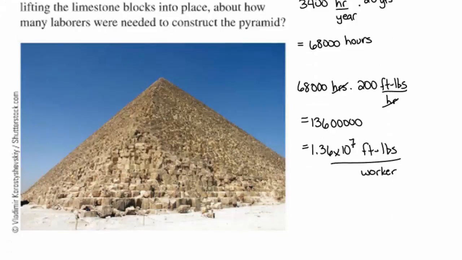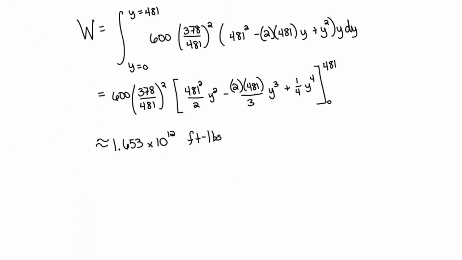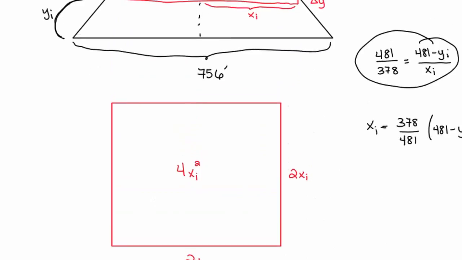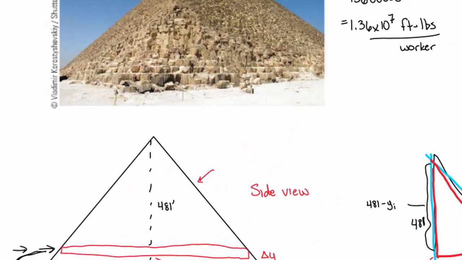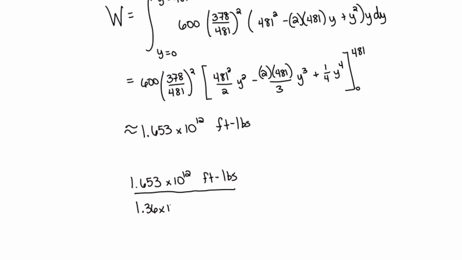The way we do that is we take the total energy required and we divide that by the total energy used per worker, 1.36 times 10 to the 7th, and that's foot-pounds per worker.